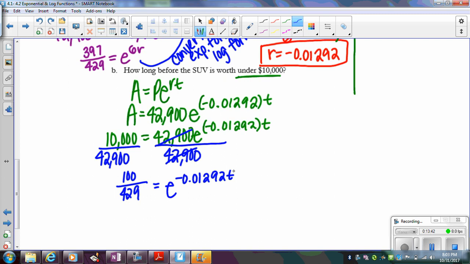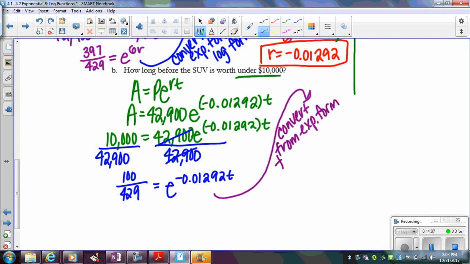And now we need to solve this. We're solving for an exponent. Anytime you have a variable as an exponent, the way to undo that, remember you can't take the Tth root, there's no such thing, you apply logs to it. So we're going to convert this from exponential form to log form.